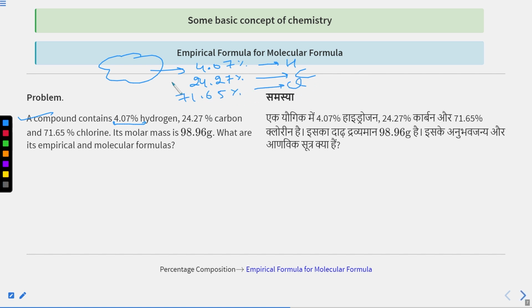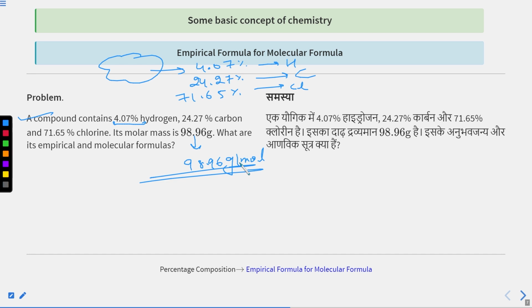That means there are three atoms, carbon, hydrogen and chlorine, and their percentages are given, totalling 100%. Its molar mass is also given, which is 98.96 gram per mole, or you can say the molecular mass is 98.96.